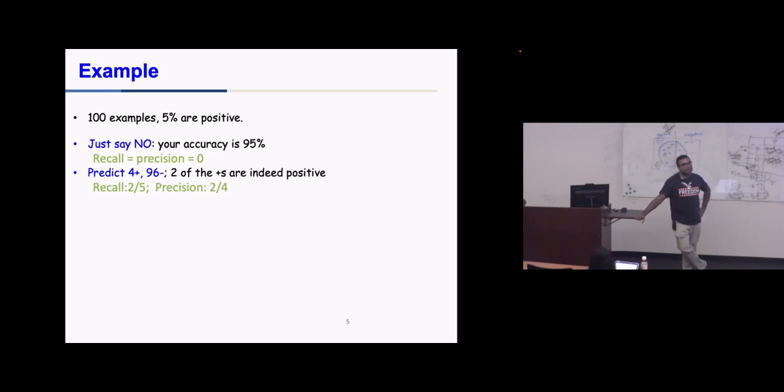Why? Because we got 2 of them right about the positives. There's 5 total, and 5 minus 2 is 3. So that means 3 of our positives were missed. There are 5 examples that are supposed to be real positives, but we only figured out 2 of them. So that's why recall is 2 by 5. Is that clear? All right.